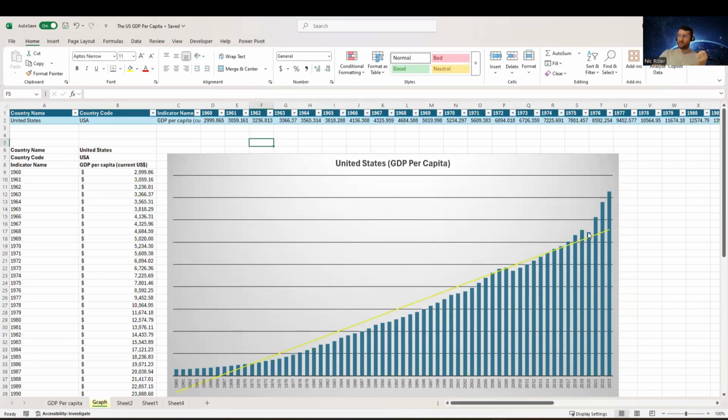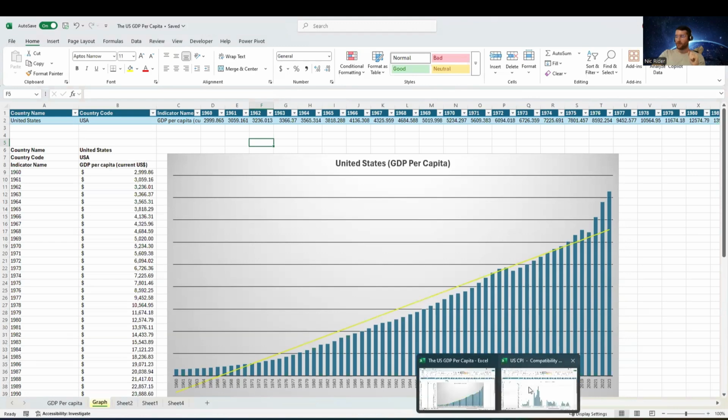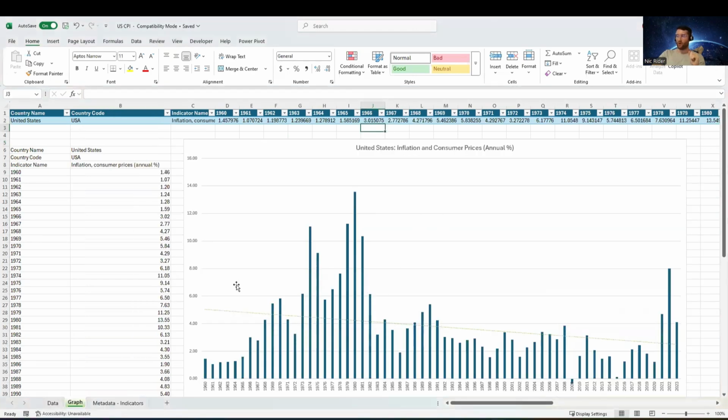Over time we've seen this nice upward growth trend, which is reflective in the S&P 500's performance throughout this 63-year period. But if we look at the CPI and factor this in as well, we've seen a downward trend here, especially since Nixon's economic initiative to come off the gold standard.